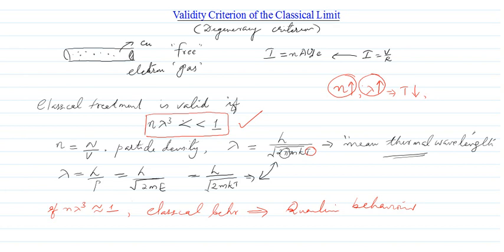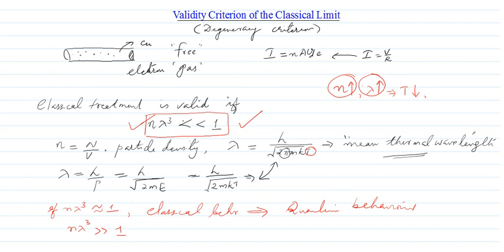And beyond this unity, if the value of n lambda cubed further increases and becomes very much greater than 1, then, so we started from n lambda cubed very much less than 1, where classical treatment is valid, and then n lambda cubed increases to become almost equal to 1, where classical behavior is slowly changing to quantum behavior.